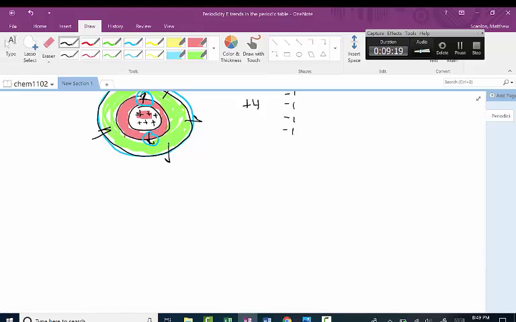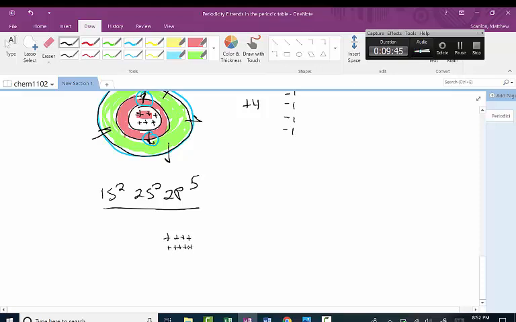It is 1s2, 2s2, 2p5. So 1s2, 2s2, 2p5. And so once again, in the center we're going to have 1, 2, 3, 4, 1, 2, 3, 4, 5. That's a total of 9 electrons.